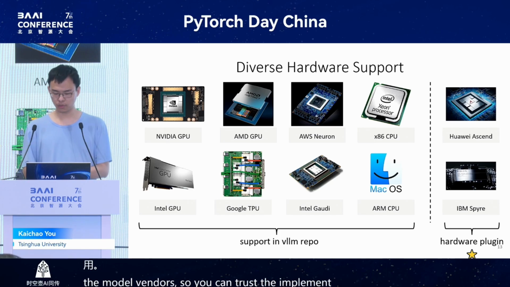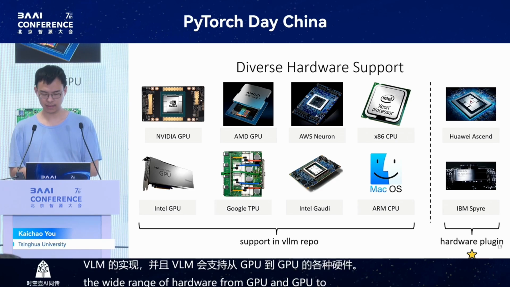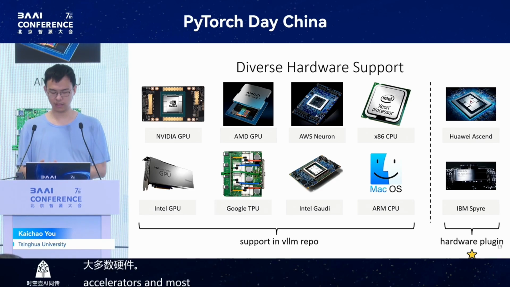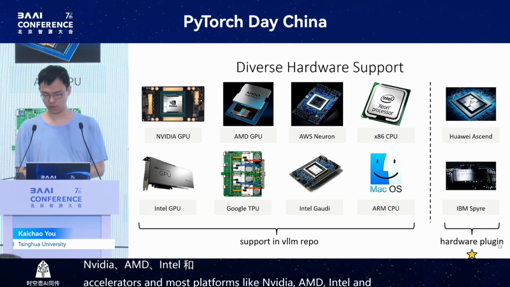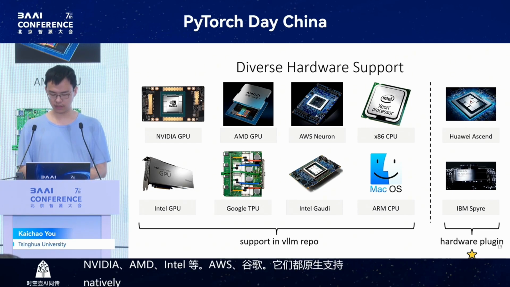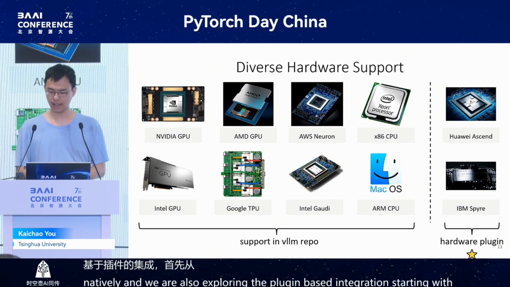And vLLM supports a wide range of hardware, from GPU and TPU to CPU and specialized accelerators. And most platforms like NVIDIA, AMD, Intel, AWS, and Google are supported natively. And we are also exploring plugin-based integration, starting with Huawei Ascend and IBM Spyre.